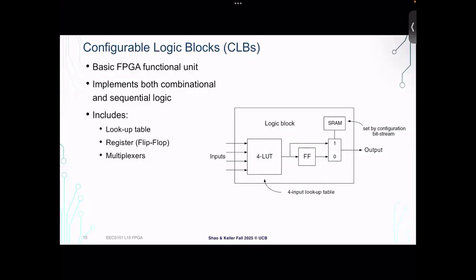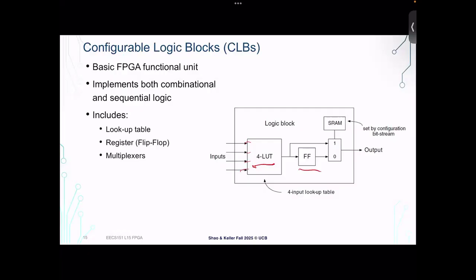So it has something called a lookup table, or LUT, a 4-LUT in this case, because it has 4 inputs, 1, 2, 3, 4. That's going to do our combinational logic. It has a flip-flop. That's exactly the same as the flip-flop that you would see in an ASIC.